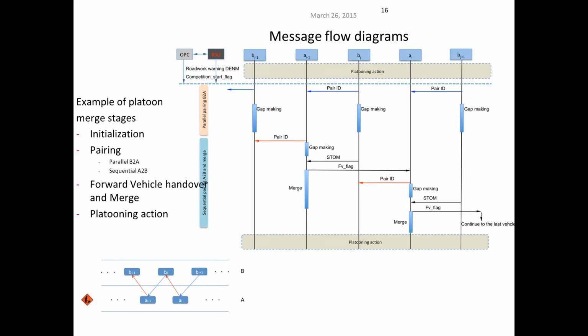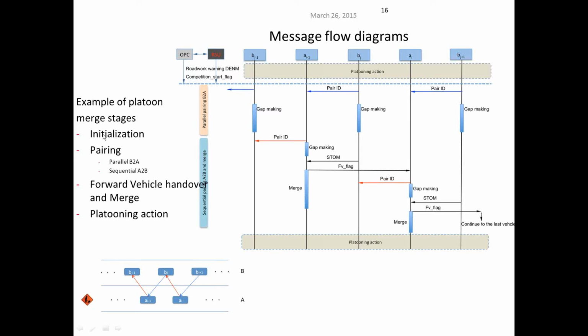Those vehicles you can also see on the top level of this diagram, represented over here. When you look at this, you can also see what kind of information has to be transferred from a vehicle in lane B to a vehicle in lane A.